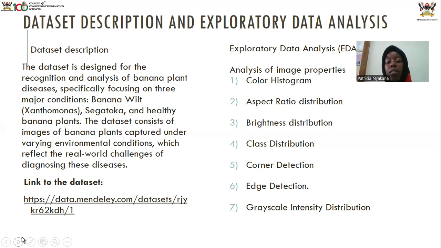Then we also analyzed the class distribution, which showed us that the dataset was imbalanced, in that there were more images in the Xanthomonas class than in the healthy and Sigatoka classes. Then the corner detection, edge detection, and grayscale intensity distribution were majorly to capture the spatial features that our model will be focusing on to make a prediction.